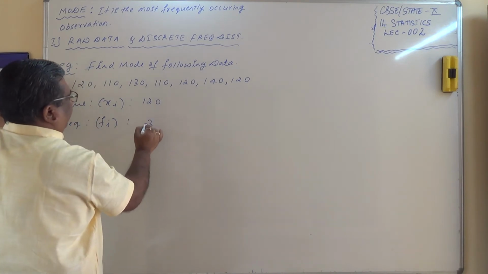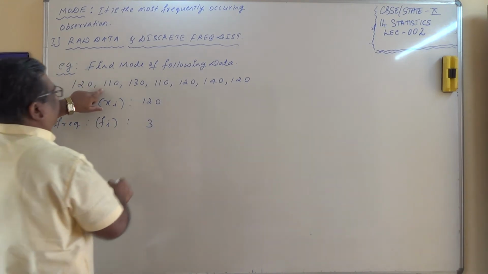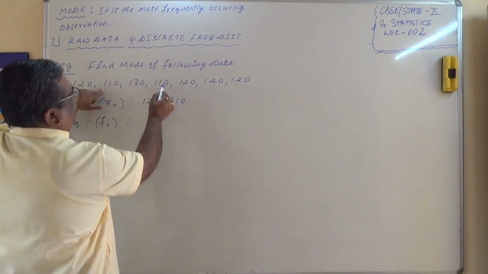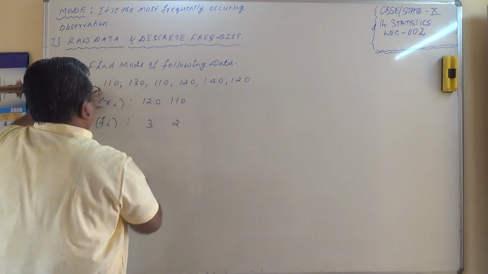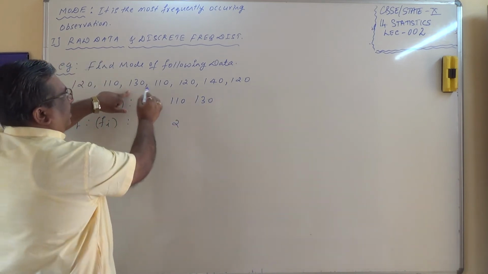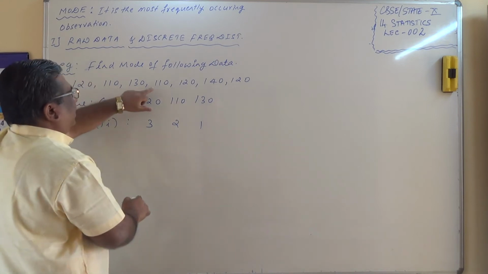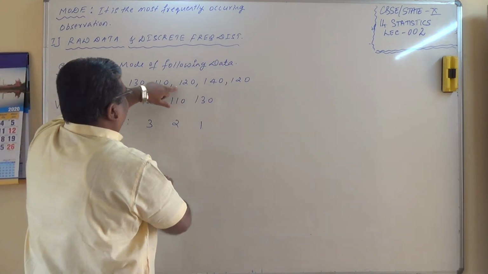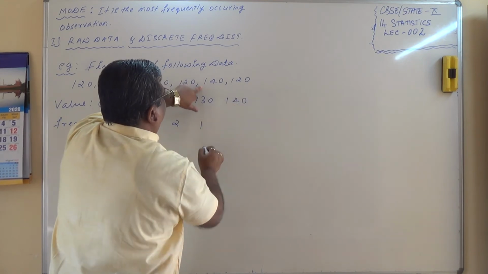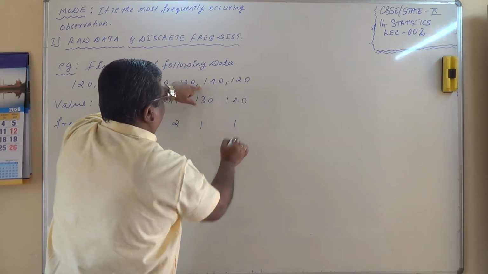It has repeated 3 times. Next comes 110. How many times? 1, 2, that's all, 2 times. Next 130, only 1 time. Next is 110, already done. 120, already done. 140, only 1 time.